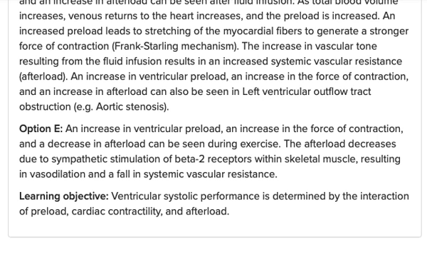The afterload decreases due to sympathetic stimulation of beta-2 receptors within skeletal muscle, resulting in vasodilation and a fall in systemic vascular resistance. Learning objective: ventricular systolic performance is determined by the interaction of preload, cardiac contractility, and afterload.